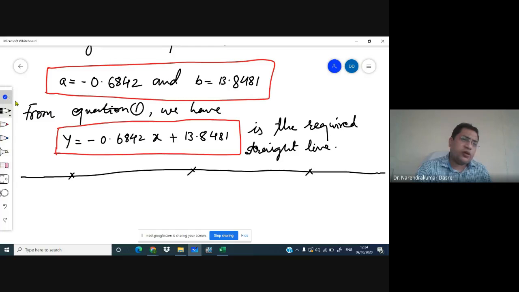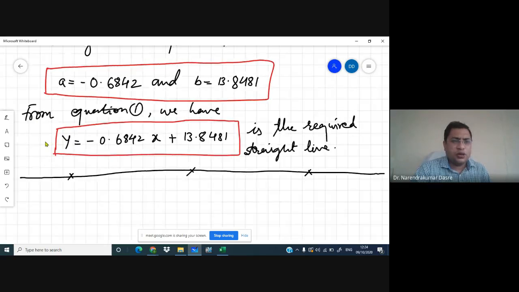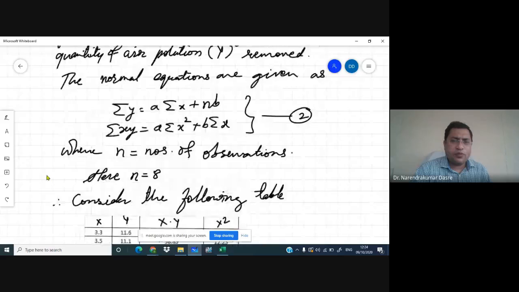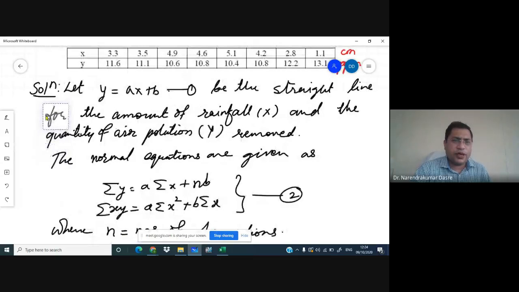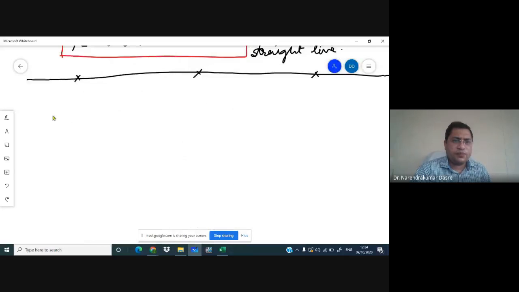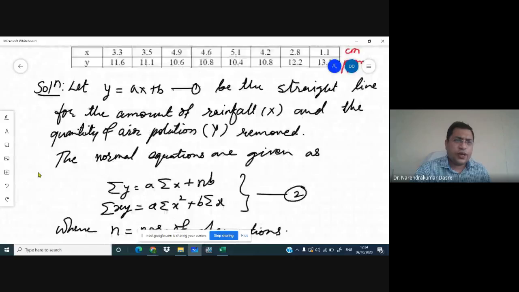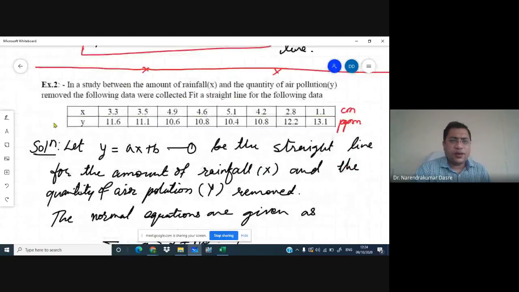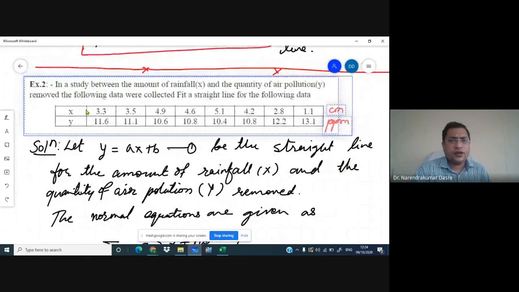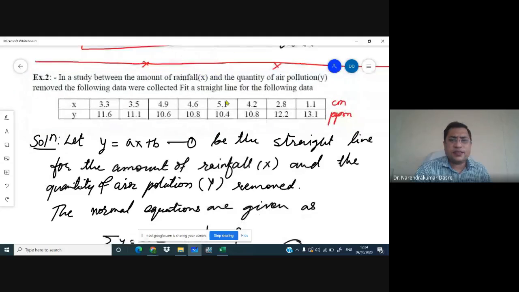Because we cannot guarantee that there will be more rainfall and more quantity will be removed. Here we can see what is happening: if there is less rainfall, actually more quantity is removed, and if there is more rainfall, less quantity is removed.